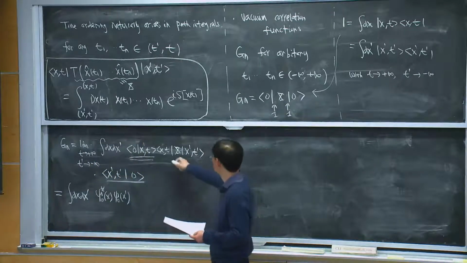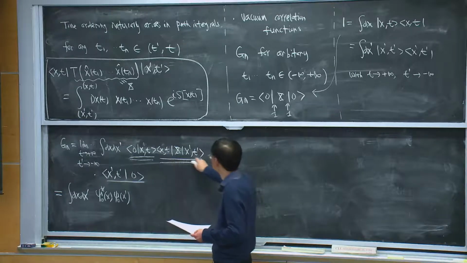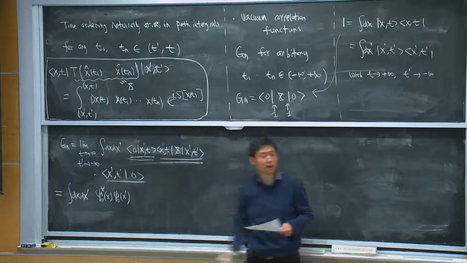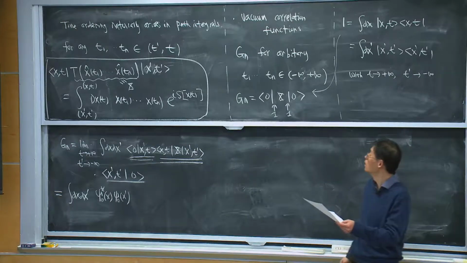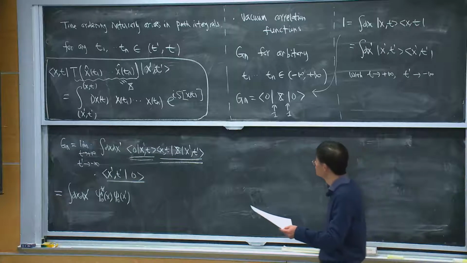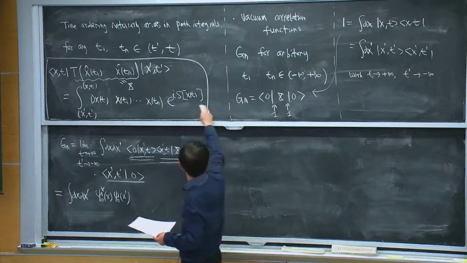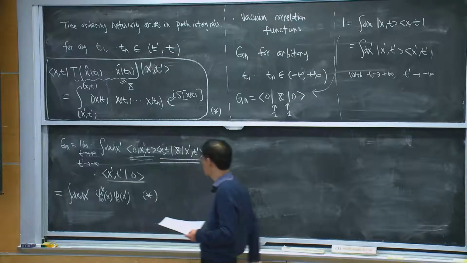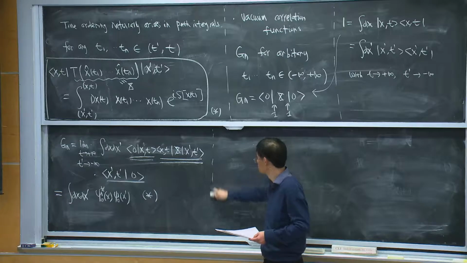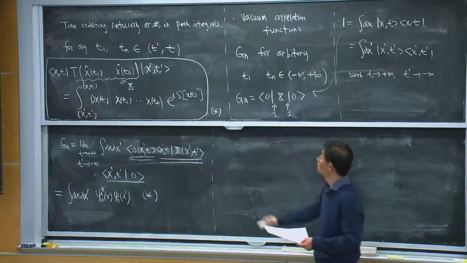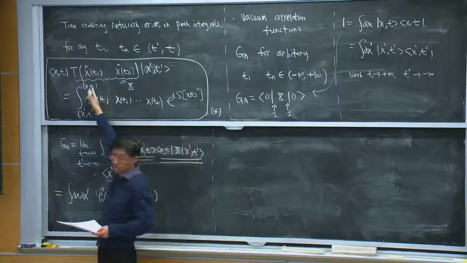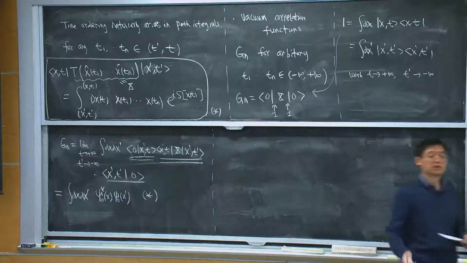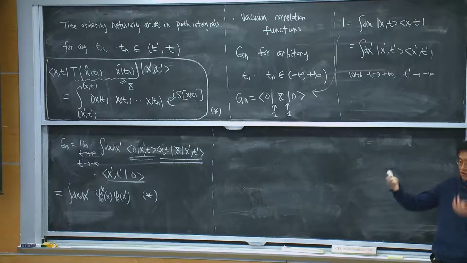And then we have this path integral, which we already know how to do. Let me call this star; you just insert the star here, now with t and t prime going to infinity.